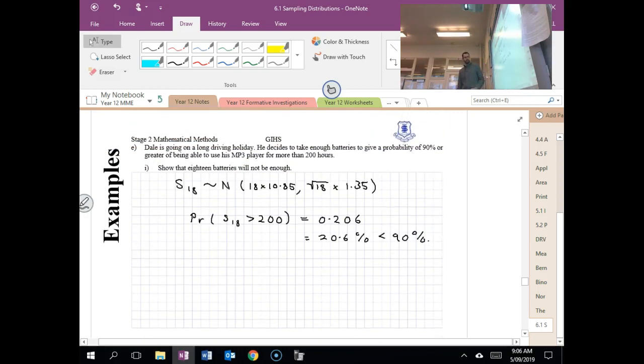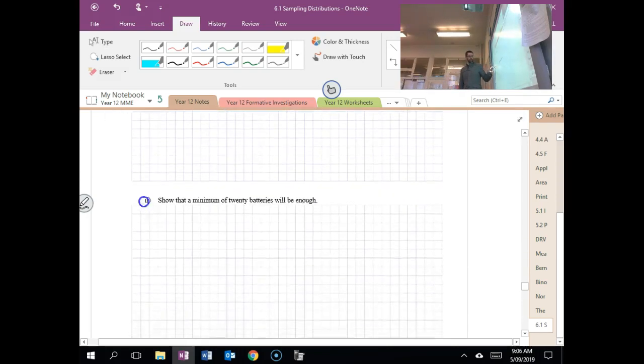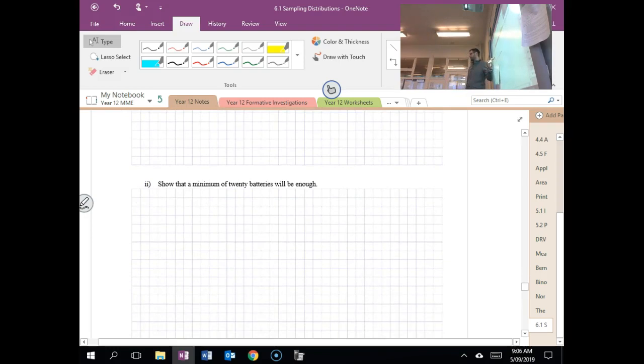Now it doesn't seem like that's the right value. If we're going to get all the way up to 90%, it seems too small, but let's just keep going through with it. And then it says, show that a minimum of 20 batteries will be enough. If a minimum of 20 is enough, that means that 19 must be too small.